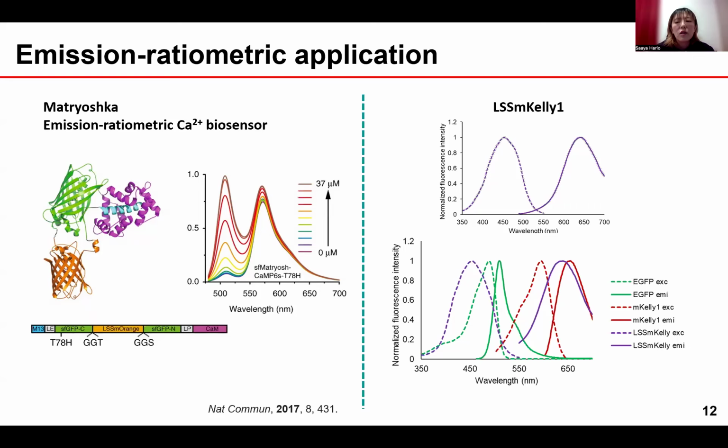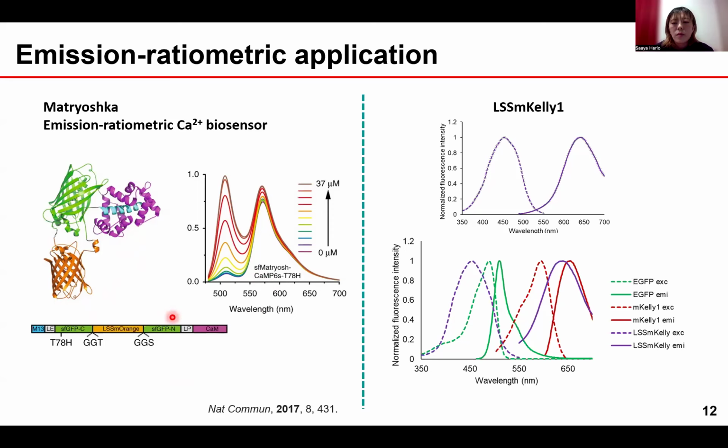Recently there was a report of an emission ratiometric biosensor made by fusing long Stokes shift mOrange to an existing GFP-based calcium biosensor. They shifted the excitation peak of mOrange to shorter wavelengths so that it can be excited simultaneously with GFP while maintaining the emission wavelength. This graph shows the emission spectra at different calcium concentrations of LSSmOrange fused to the calcium biosensor.